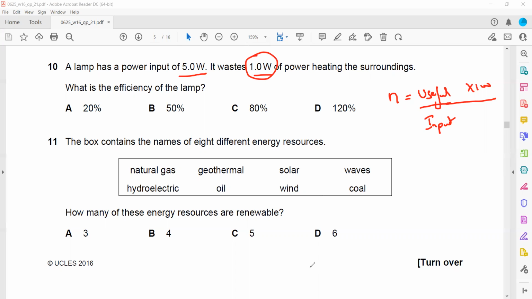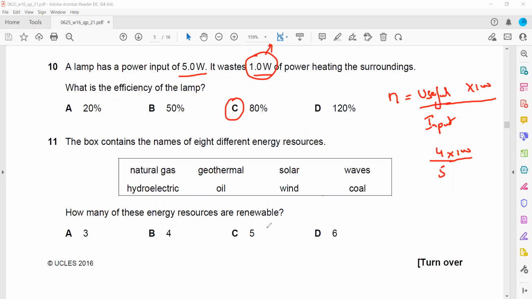So the useful energy is 4, because out of 5, 1 is wasted. The total energy input is 5. So 4 multiplied by 100 is 400, divided by 5, that is 80% efficient.